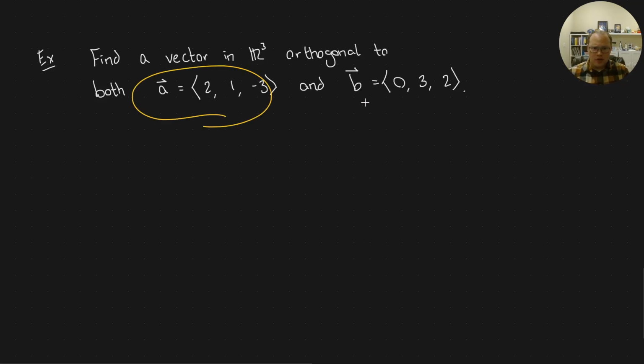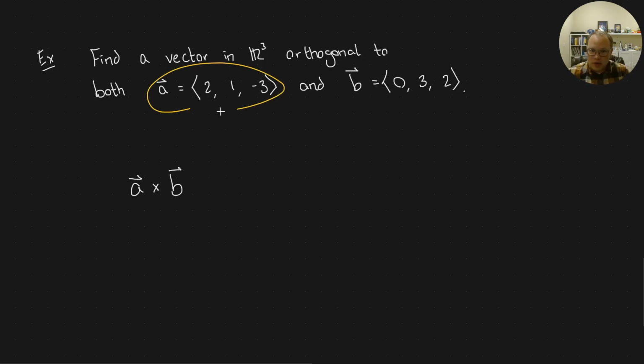So both of these vectors are in space. We want to find a vector orthogonal to both of them, and that's exactly what the cross product does. It gives us a vector orthogonal to two other vectors. So if I find A cross B, then the resultant vector will be orthogonal to both of these original vectors.